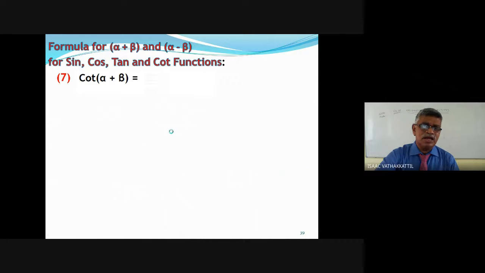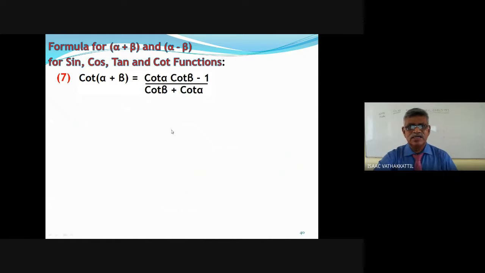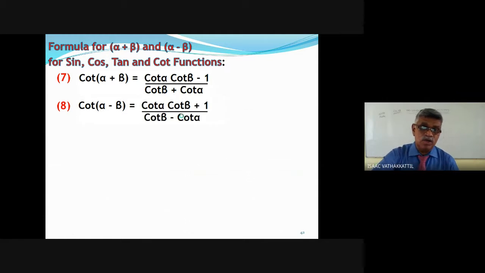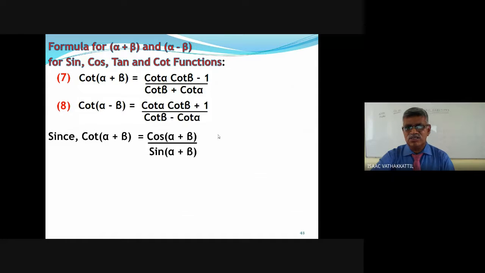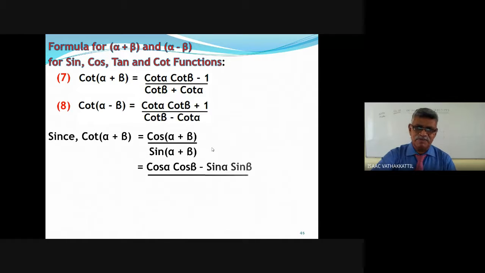And now for cot alpha plus beta, the same way, the formula is slightly different here. Cot alpha plus beta is cot alpha cot beta minus 1 upon cot beta plus cot alpha, and cot alpha minus beta will be cot alpha cot beta plus 1 upon cot beta minus cot alpha. We can get it from cos by sine: cos alpha plus beta by sine alpha plus beta.